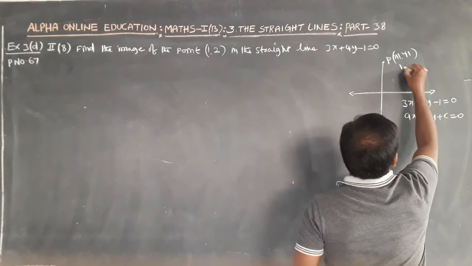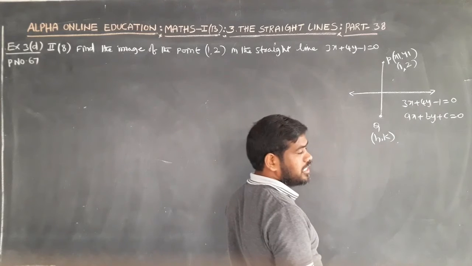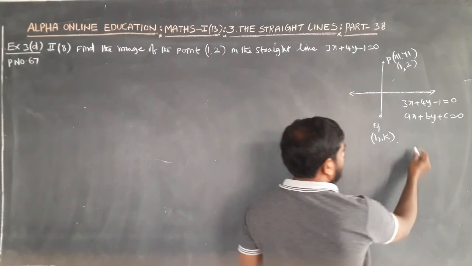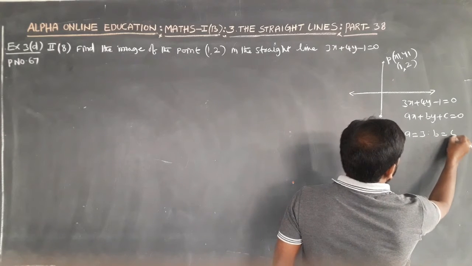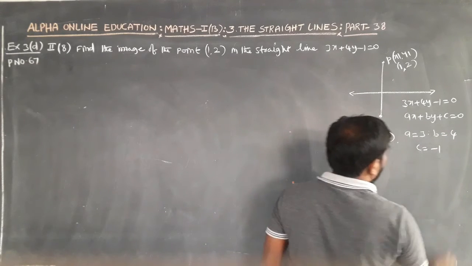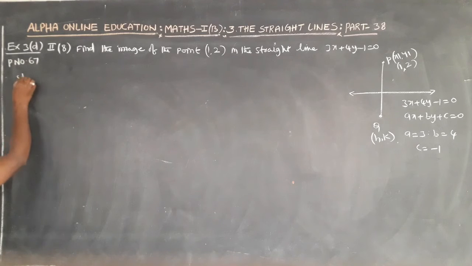Find the image of (1, 2) with respect to the line 3x + 4y - 1 = 0. Here a = 3, b = 4, c = -1.